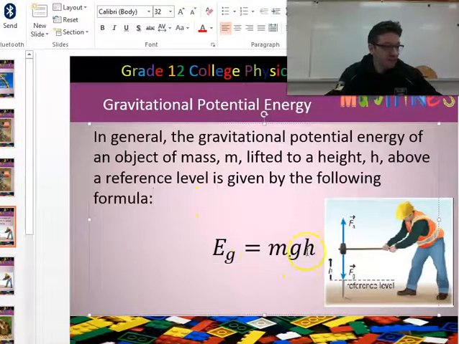Right? Make sure everything's in SI units, so kilograms, newtons per kilogram, and meters, and then you'll get a value for energy in joules, okay, which is the SI unit for energy.